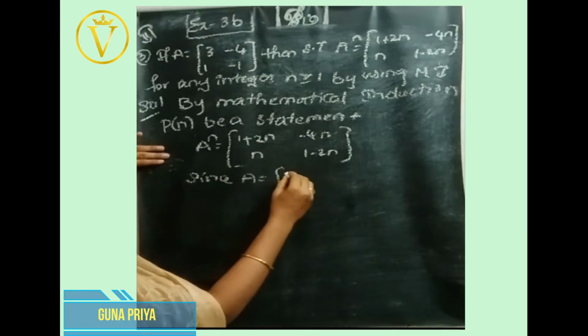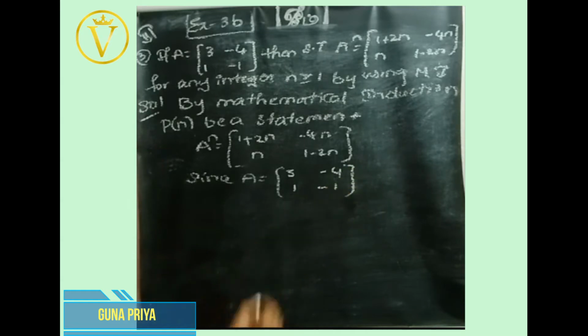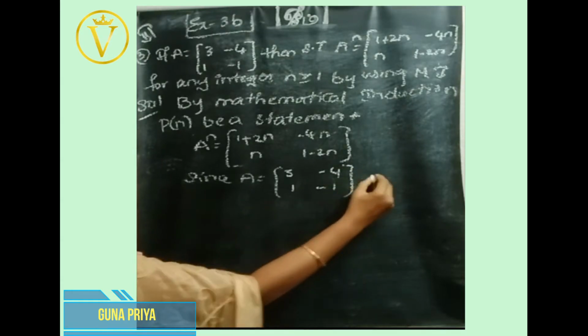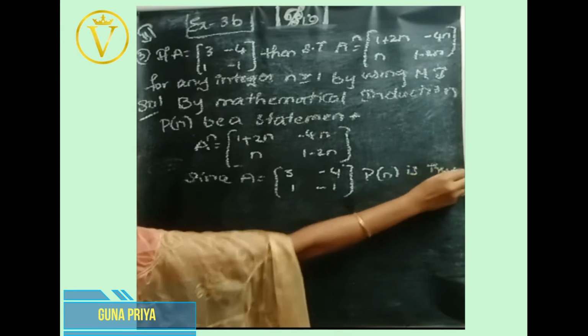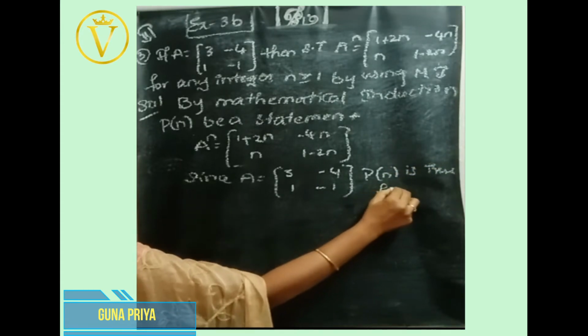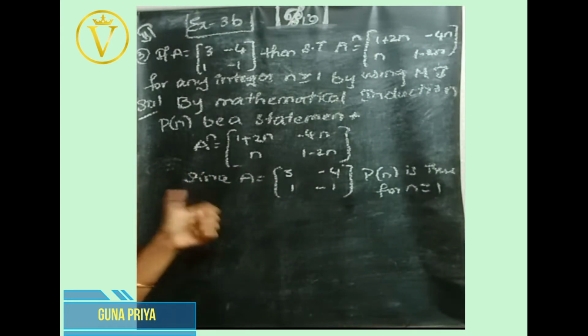Okay, now substitute, since n equals 1 gives this matrix, P of n will be true if P of n is true for n equals 1. So if you substitute n equals 1, P of n will be true.